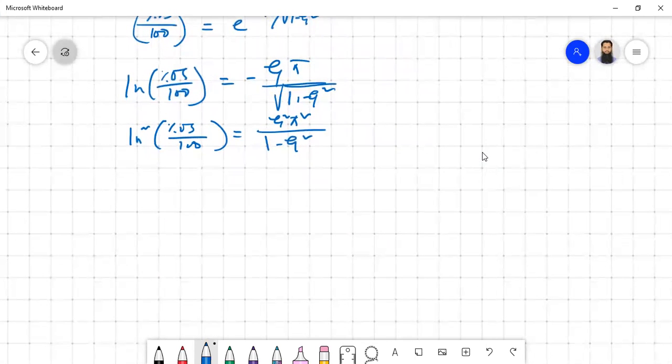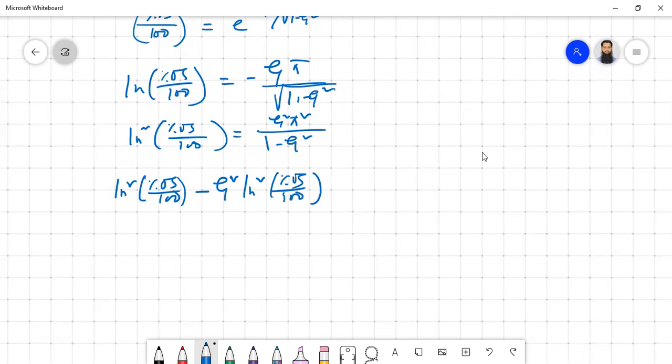then what you are going to get is ln square percent overshoot by 100 minus zeta square ln square percent overshoot by 100 equals zeta square pi square.